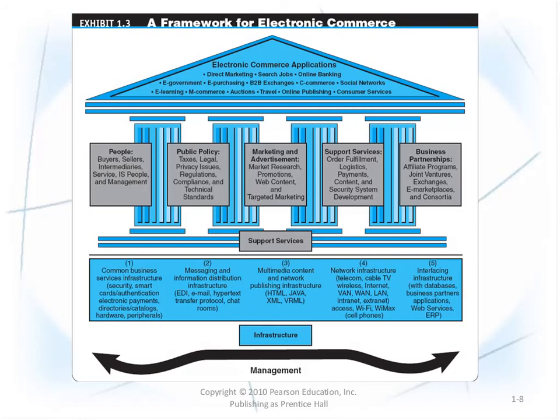And this graph is very interesting. In one photo, you can see a framework for electronic commerce, all the processes and activities. It starts from here with management, to manage the system. Then in the next step, you need to have infrastructure.